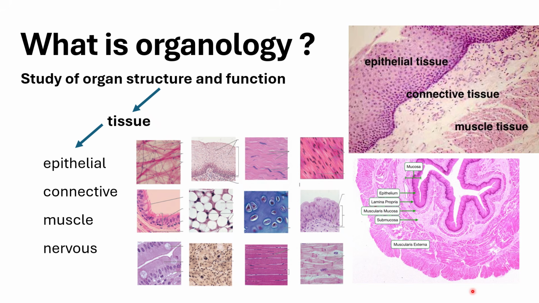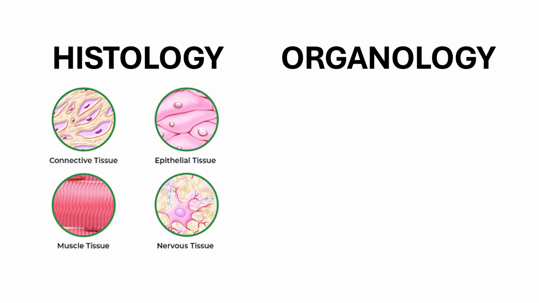So depending on the organ, you would have different combinations of different tissues, and some organs would have a more component of a specific tissue, while some organs would have less of it. So it depends. Okay. So again, for histology, we talked about the building blocks. Okay.